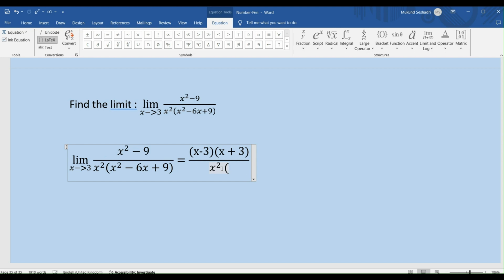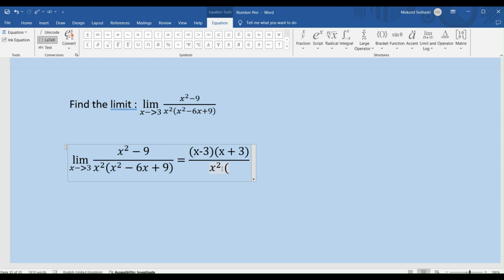So I can do this in two ways. Either you can recall the formula a minus b the whole square equals a square plus b square minus 2ab. So if my b is 3, my x minus 3 the whole square is nothing but x square minus 6x plus 9, right?